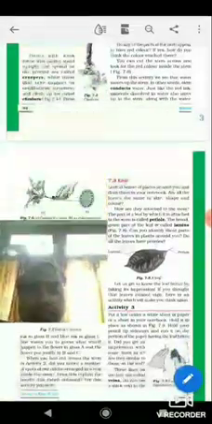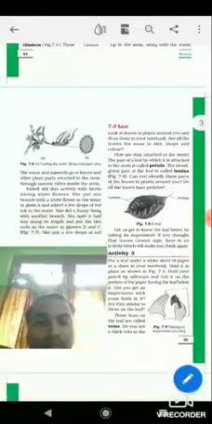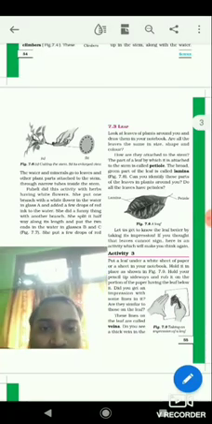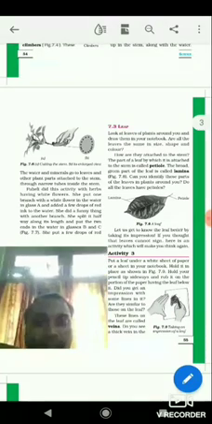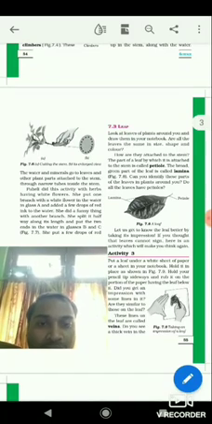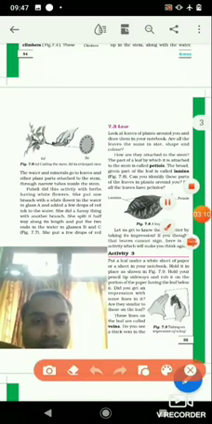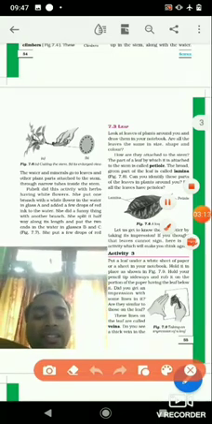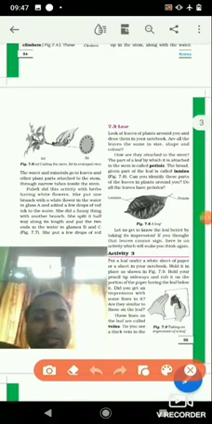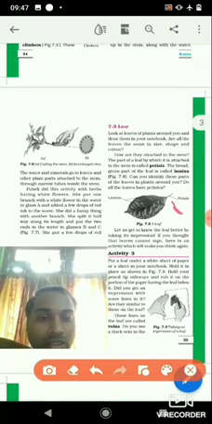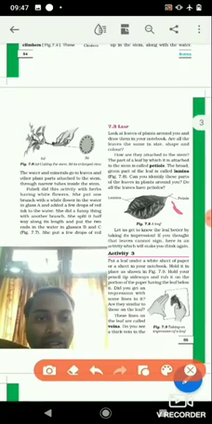So leaf, here is a picture of a leaf. Now there are different parts in this leaf. So petiole and lamina. Now what is petiole? Petiole is that part that connects the leaf with the stem. So this portion which is here is called petiole.